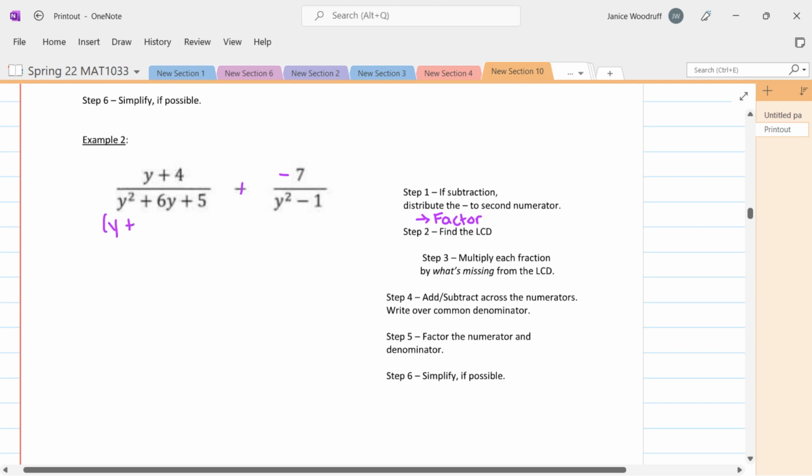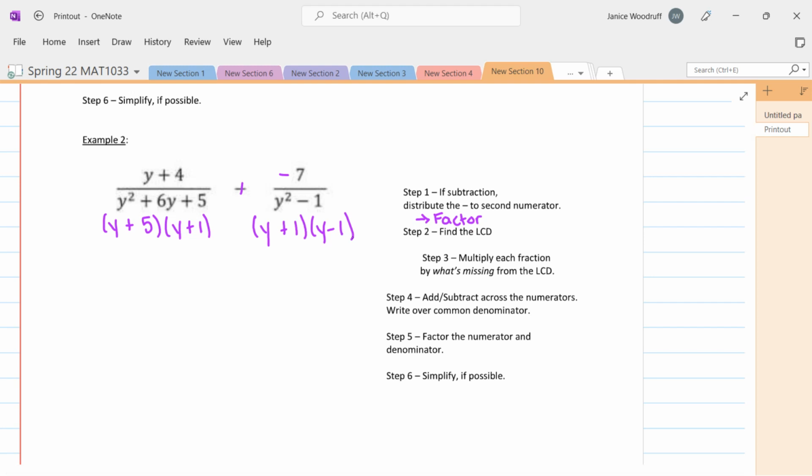Y plus 5, yeah. Y plus 1. And then y squared minus 1, what can that factor to? Remember, 1 is a perfect square. That's y plus 1, y minus 1.